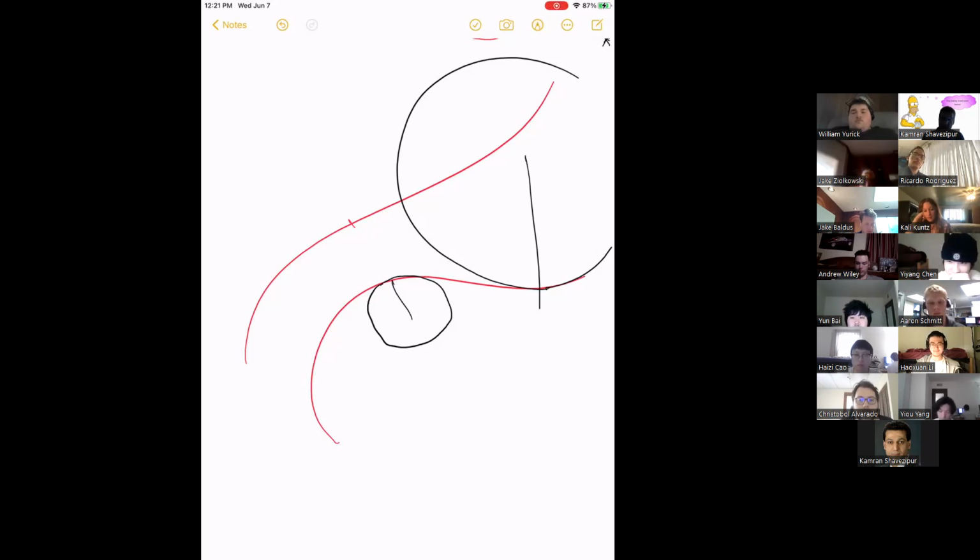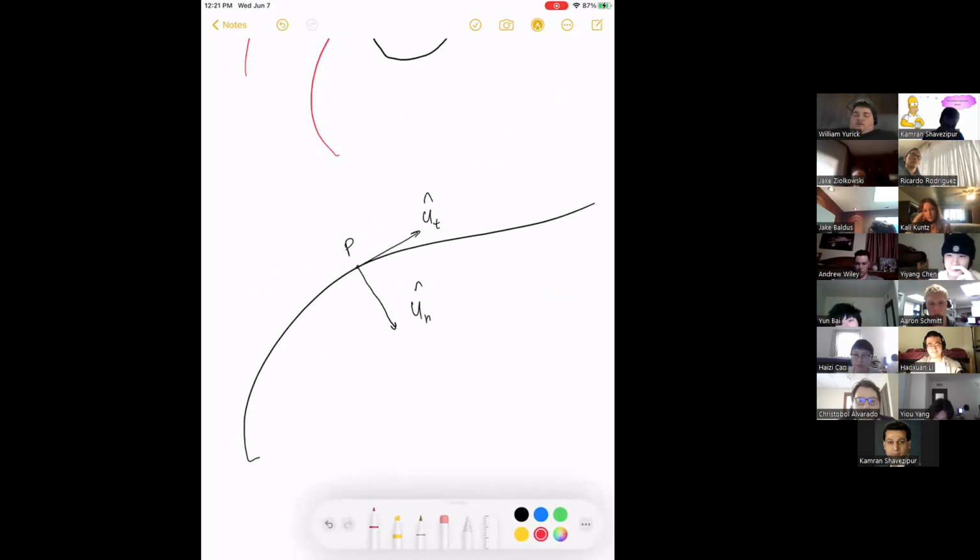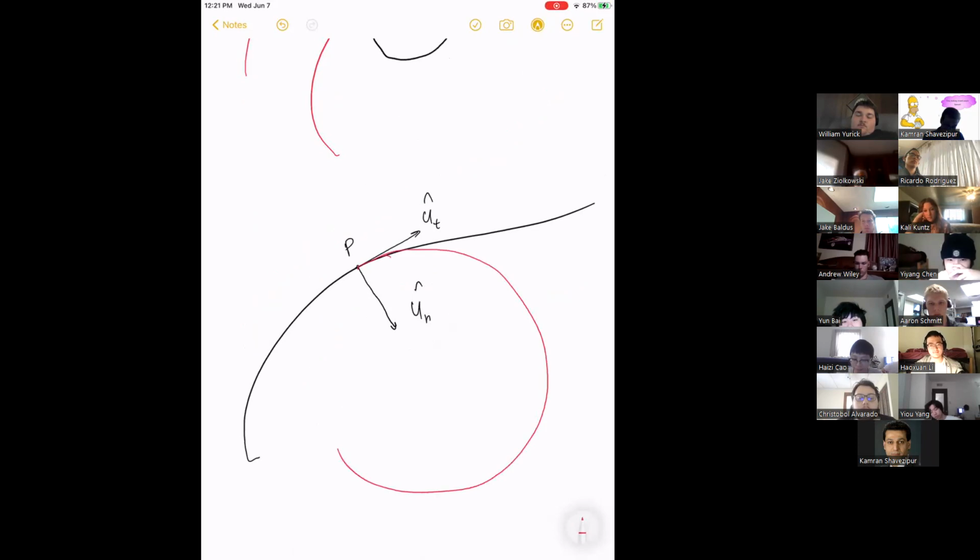In this coordinate system, we deal with this. So when we talk about, okay, this is a path of motion and this is particle P, right? This is going to be UT, and this is going to be UN. And then the radius of curvature, if I draw that circle, this is going to be rho, and this is going to be the center of curvature.